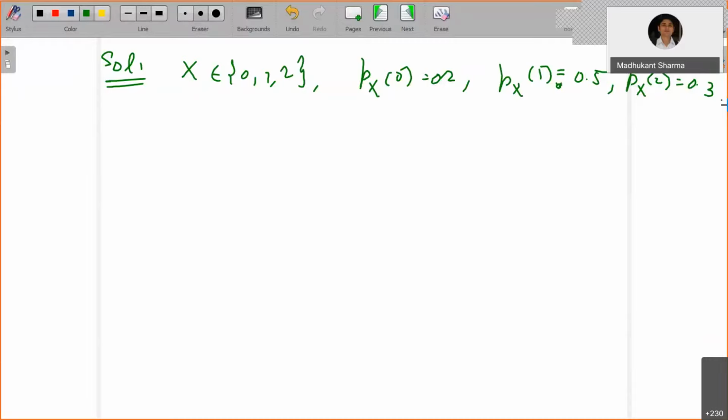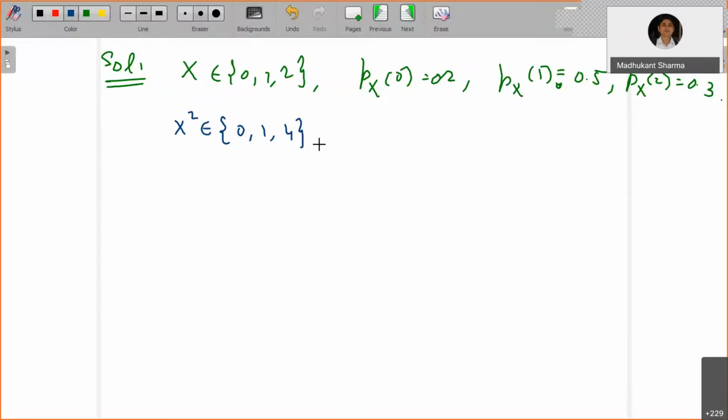Okay, right. So now x belongs to 0, 1, 2, and these are the given probabilities. Certainly from here you can tell where x square belongs to. So x square will take the value 0, 1 square that is 1, 2 square that is 4.